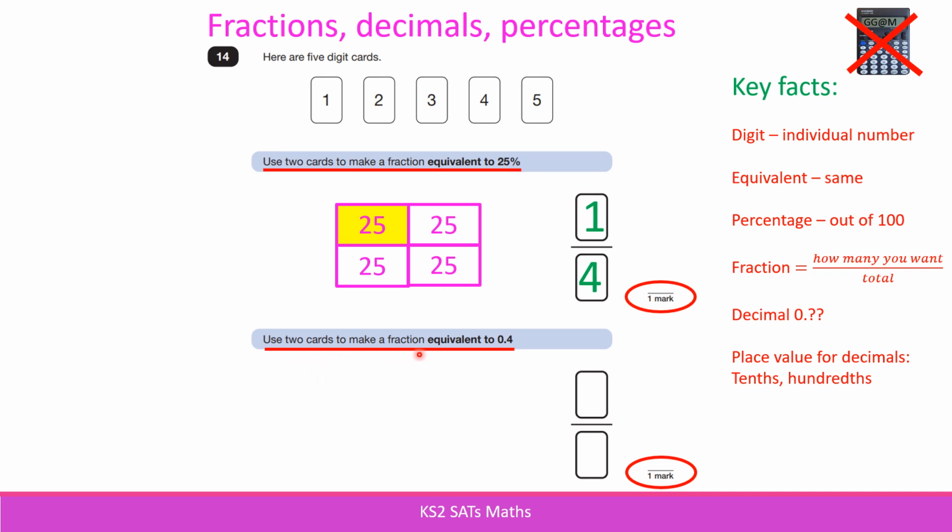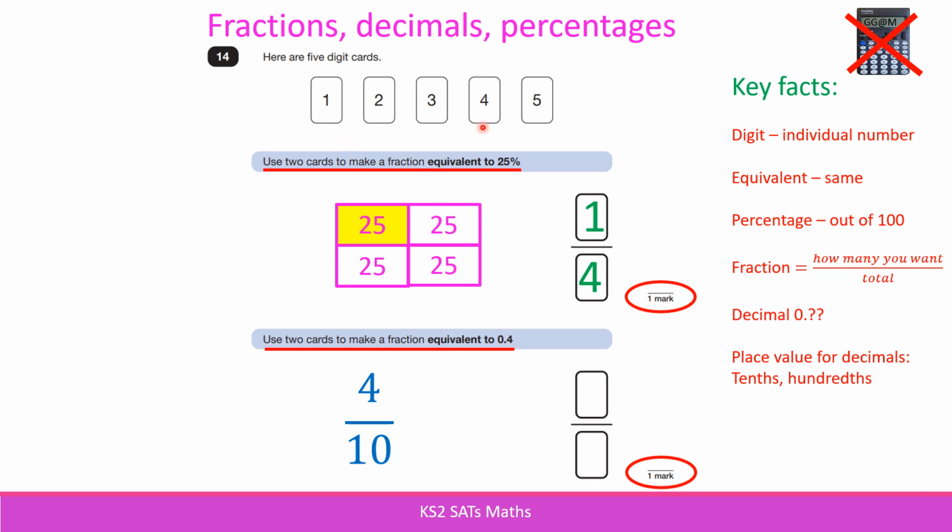The next one is a fraction equivalent to 0.4. Now 0.4, the 4 here is in the tenths column. So I've got 0 ones and I've got 4 tenths. So 4 tenths means 4 out of 10. 4 tenths is 4 over 10. Now the digits 10 is 2 digits.